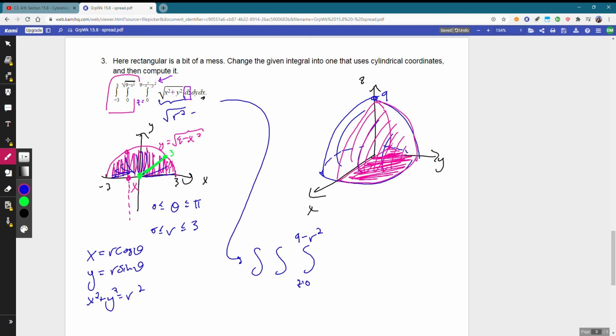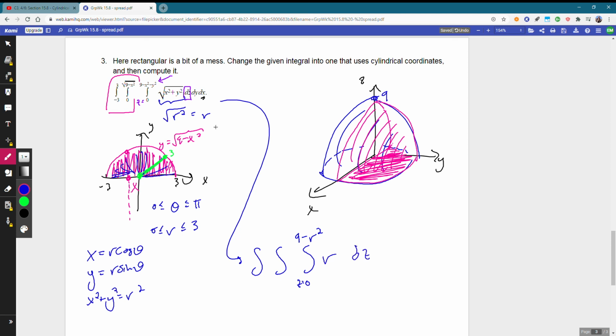Root r squared, which technically, in general, gives us the absolute value once we take the square root of a square. But r, as we can see from our shadow here, is from 0 up to 3, and so our r is going to be positive. So don't have to worry about any of that. Just simplifies down to r.